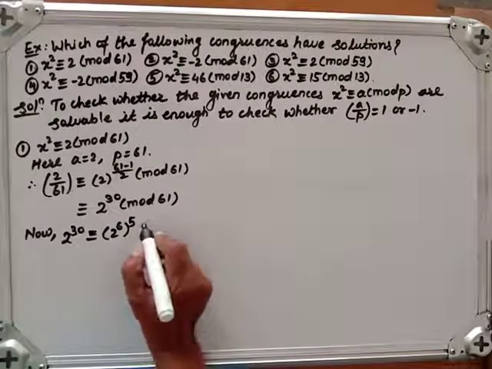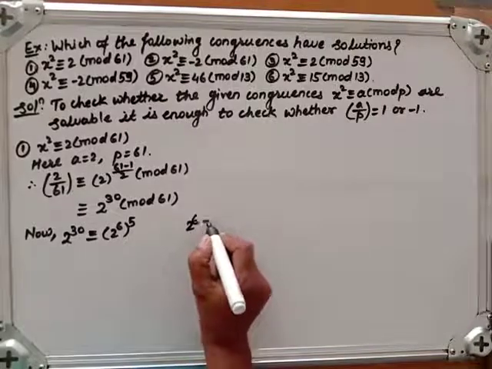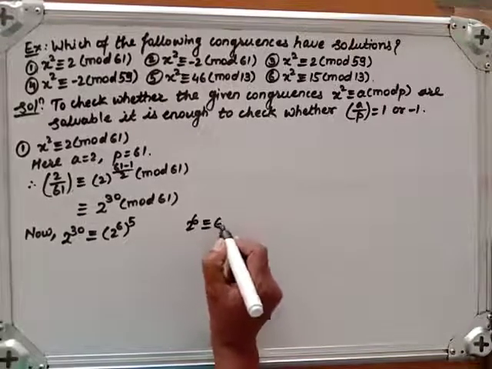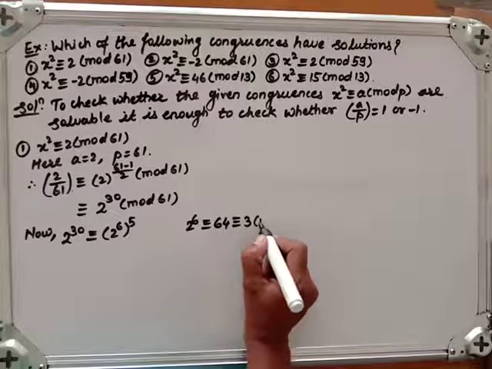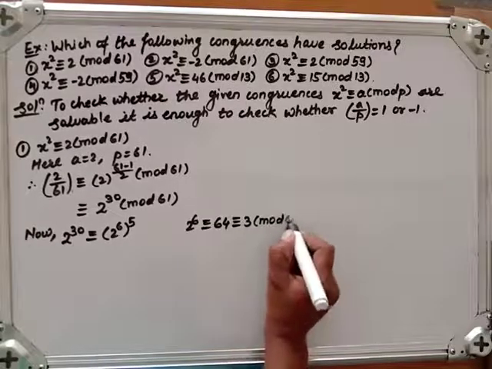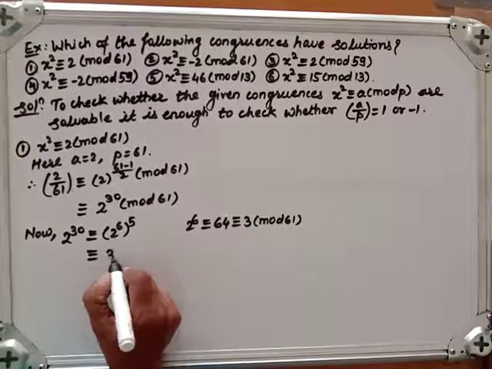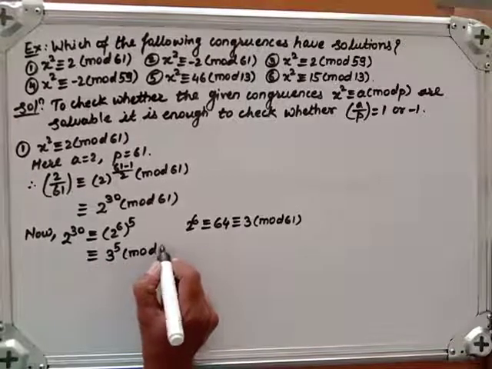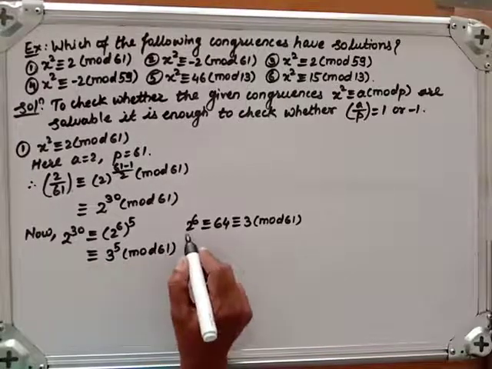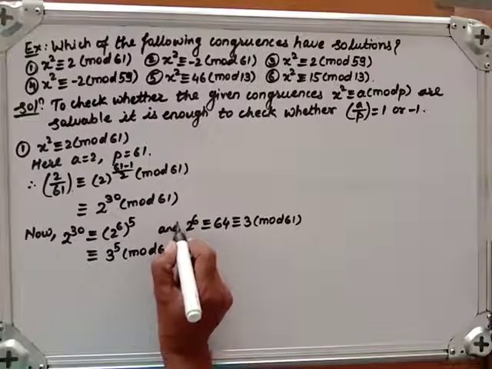Now 2 raised to 6 is equal to 64, and 64 is congruent to 3 modulo 61. So this is congruent to 3 raised to 5 modulo 61.